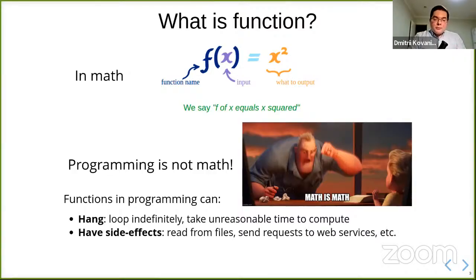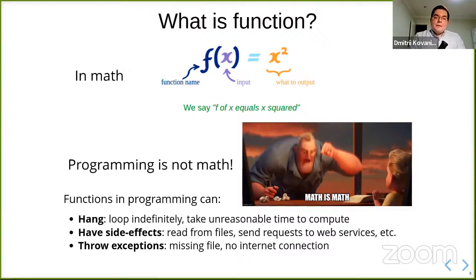Also, functions in programming can have side effects. They can read from files or send requests to servers over the internet. Functions in math can't do this, so we need to care about this stuff. And because of this, functions in programming can throw exceptions. For example, if you try to read a file and you don't have such a file, you throw an exception. It's some situation that you haven't handled.